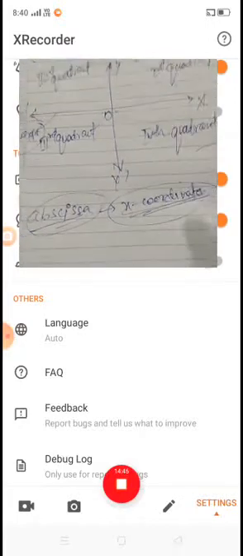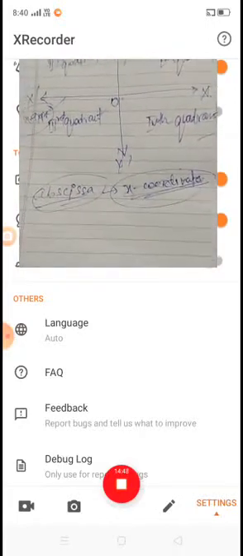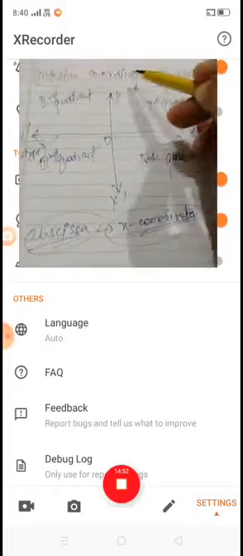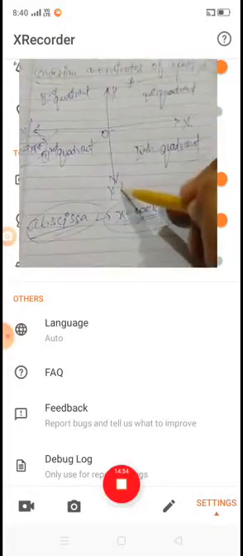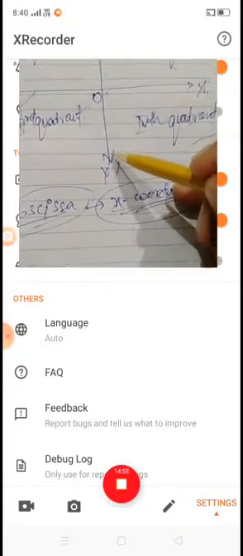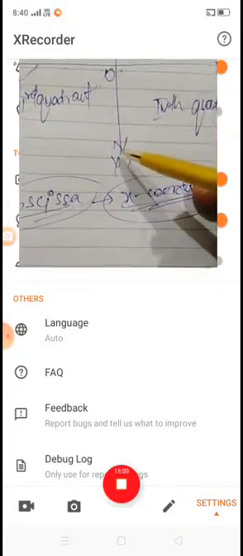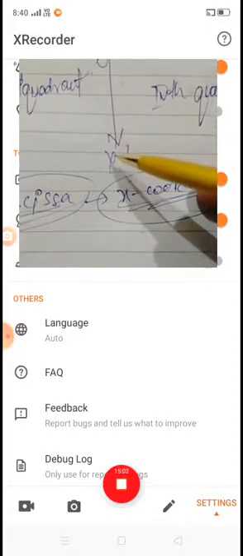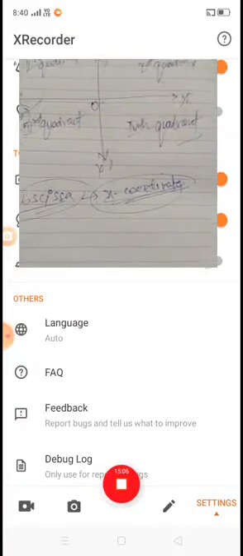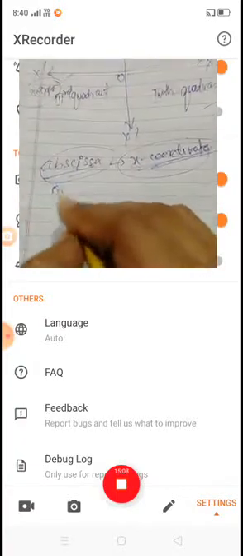And similarly, all the points which lie on the Y axis, that is Y O Y dash, the Y coordinate is called ordinate.